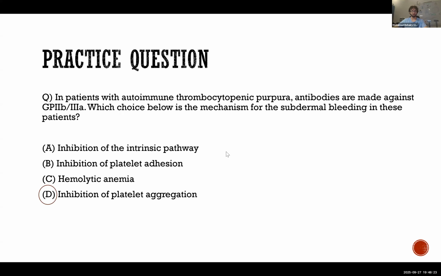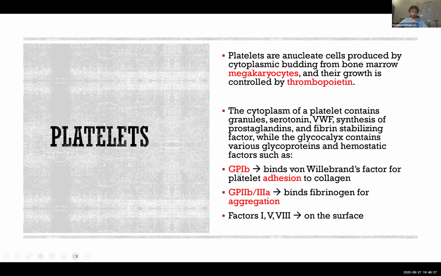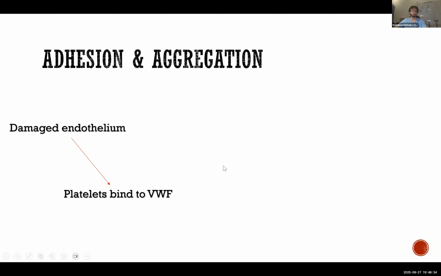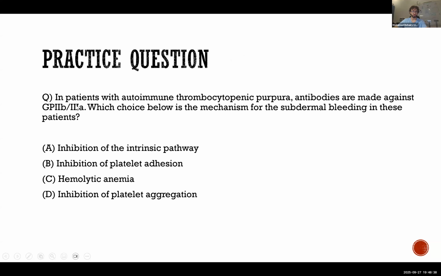We said before in the slides, glycoprotein 1b is responsible for adhesion. Glycoprotein 2b3a is responsible for aggregation. Here in the question, they're asking about glycoprotein 2b3a. The moment you see 2b3a, the answer is going to be platelet aggregation. Is that clear?